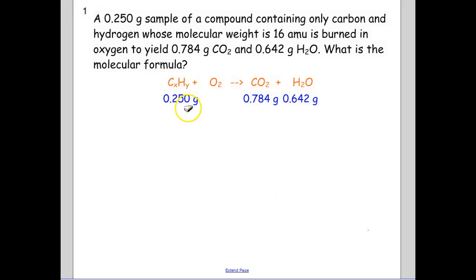We know that there's 2.25 grams of hydrocarbon. We know that there's 0.784 grams of carbon dioxide and 0.642 grams of water. So let's try to figure out how many grams of carbon are in our original substance.